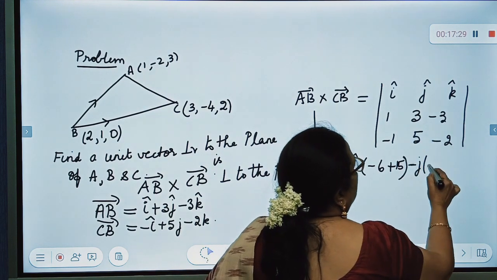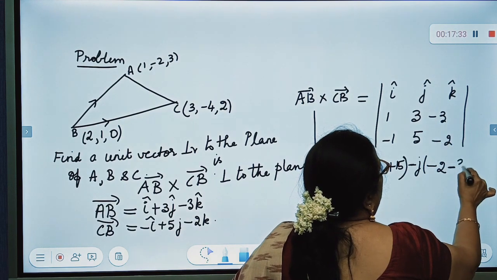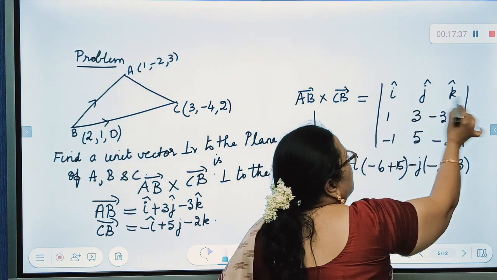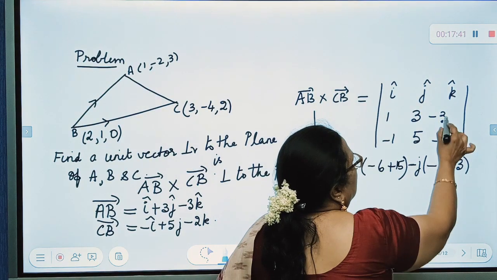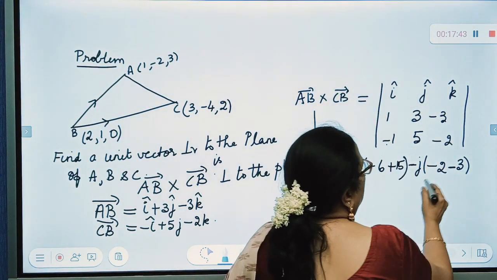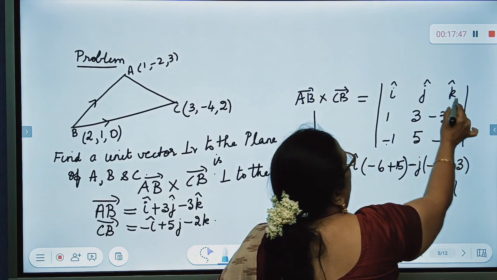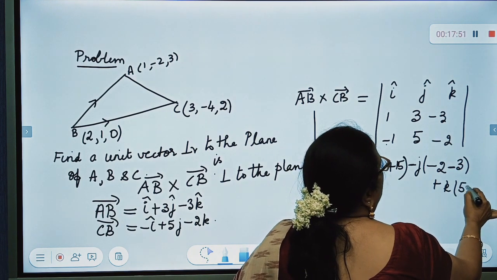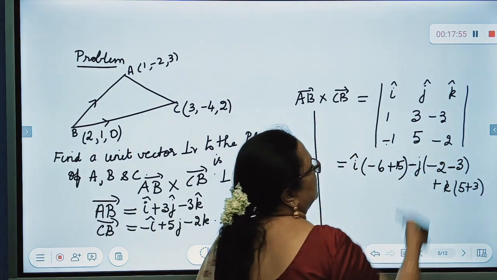I will get minus 2, minus 3. So 1 into minus 2 is minus 2, minus the product of these two is 3. Plus k times, leave out this column and row, 5 minus of minus 3, so 5 plus 3.